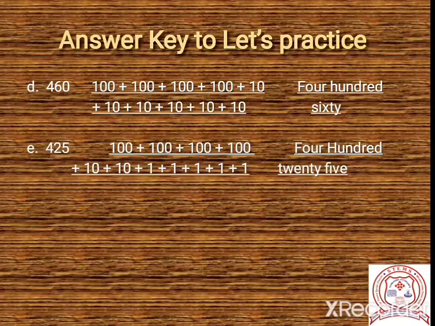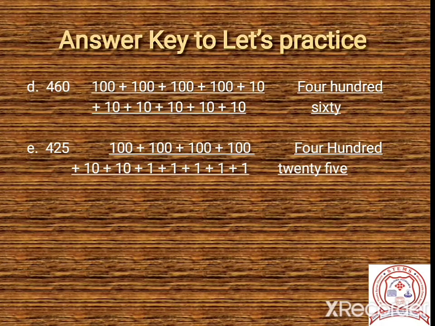Next number is 425. Here 4 is in hundreds place, so we will write 100 four times. In tens place we have number 2, so 10 will be written 2 times, and in ones place we have number 5, so 1 will be written 5 times.